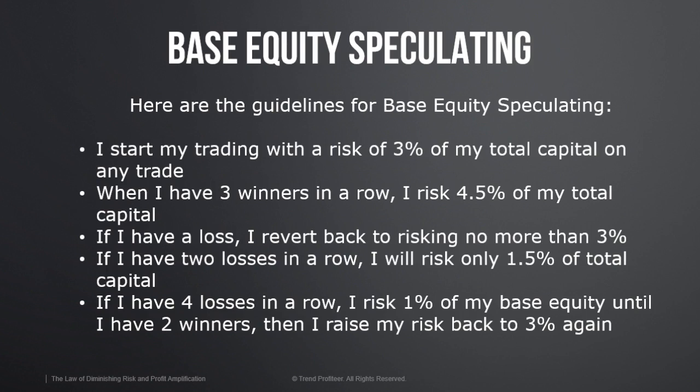So this is different again to what I've been talking about today in terms of decreasing or increasing your stop loss or decreasing or increasing your lot sizes for the purpose of diminishing risk and amplifying profits.